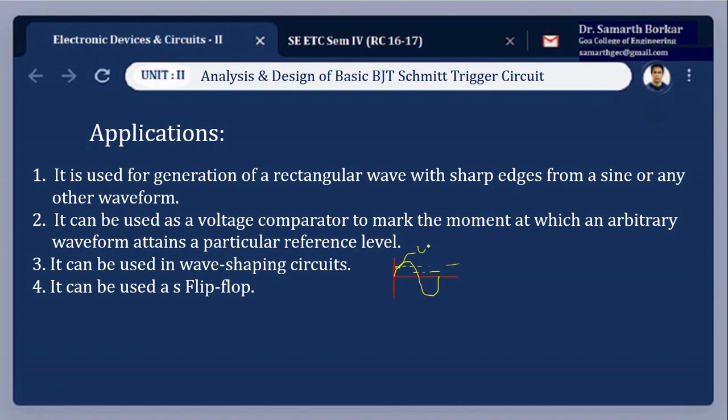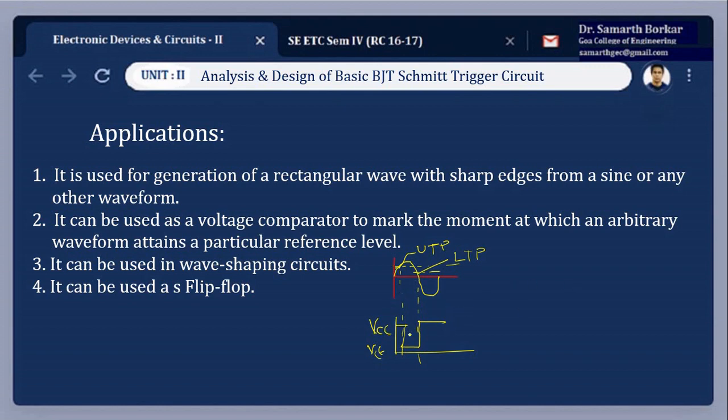This point is referred to as the upper trigger point, and this point is referred to as the lower trigger point. So accordingly, we are going to have a transition here at the output. So this is VCE sat, and it can go up to maximum VCC.